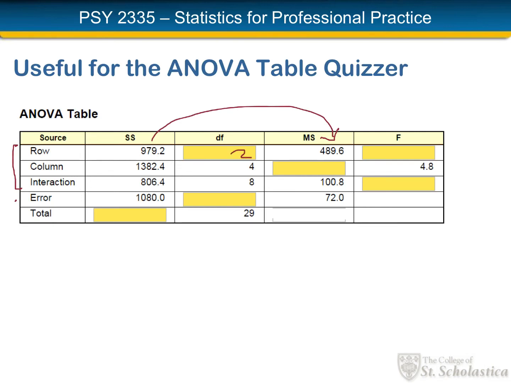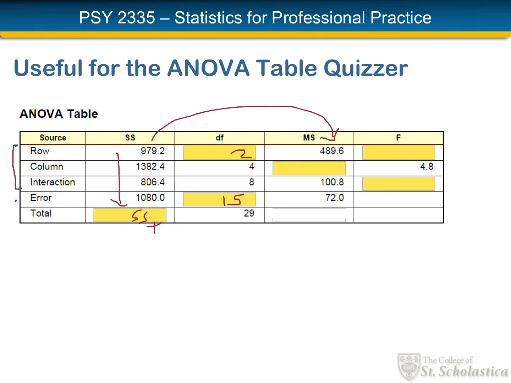And then we'll be able to figure out our degrees of freedom error by adding up 2, 4, 8, and that gives me 14. That must mean I'll have 15 degrees of freedom error left over. I could add up all of my sums of squares and get my sums of squares total.